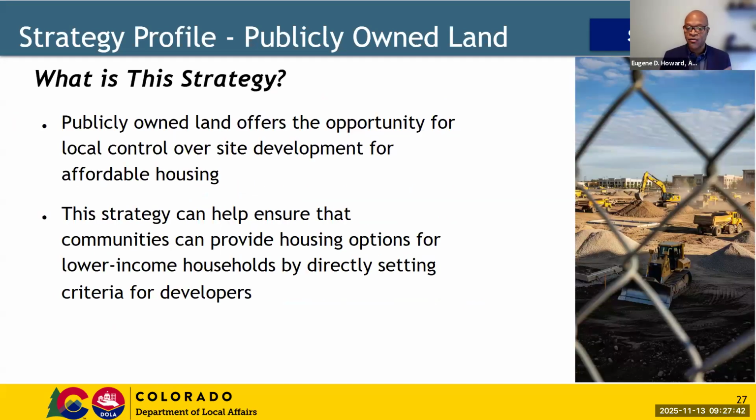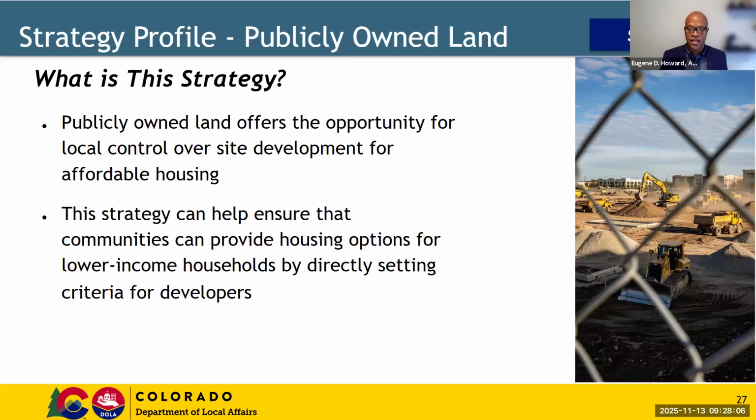So why or what is this strategy? And I think some of this is pretty self-evident, at least I hope so. Publicly owned land offers opportunities for the local community to have control over the land that it owns and really maximize the desired outcome. And in this case, we're really focused on affordable housing.